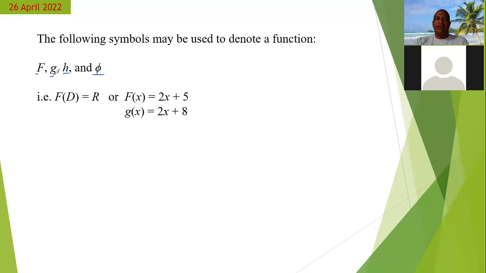So we can write f of x, g of x, h of x, phi of x, and once you write them with these symbols, you know that we are referring to functions. The reason we want different symbols is that we need to distinguish one function from another. If we're talking about f of x, then g of x is not the same as f of x, but a different function.